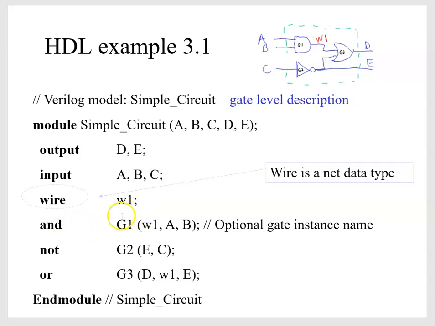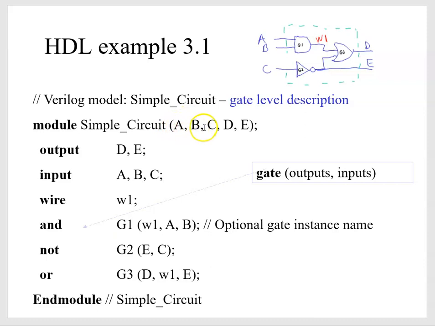And is a gate. It's one of the predefined gates within HDL. It has and, it has not, and it has or. What we have to know about these predefined keywords is that they also have a port list, and their port list is always outputs followed by inputs. We didn't need to do that here.